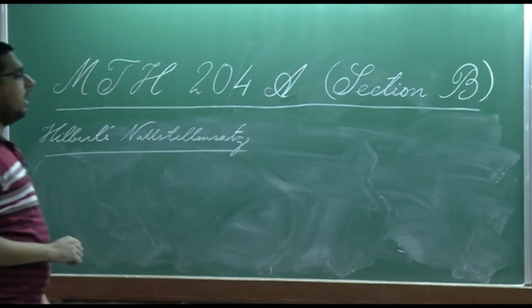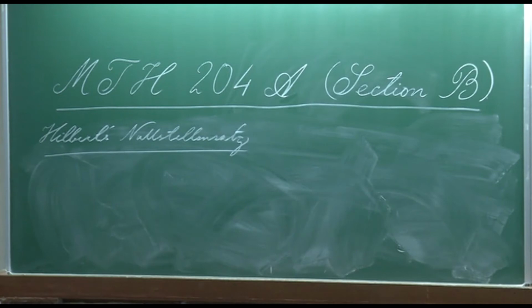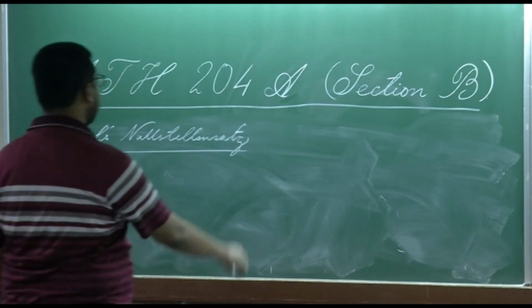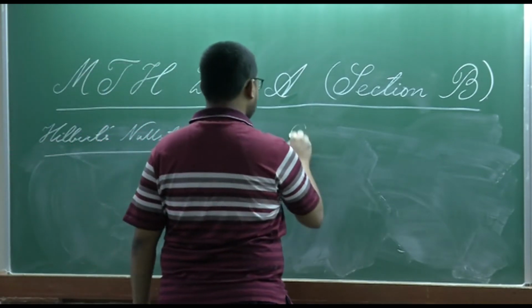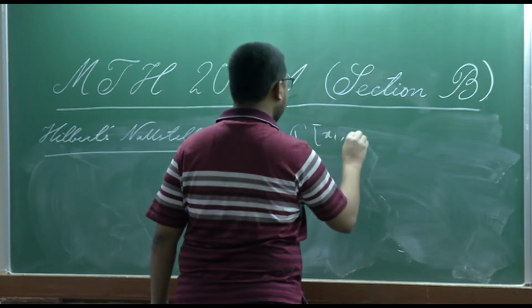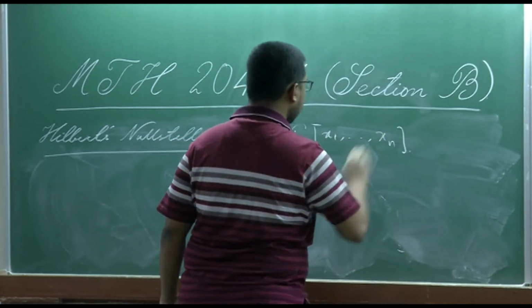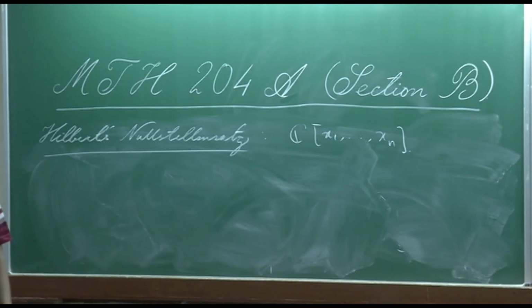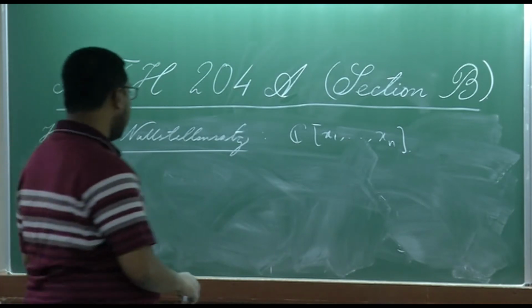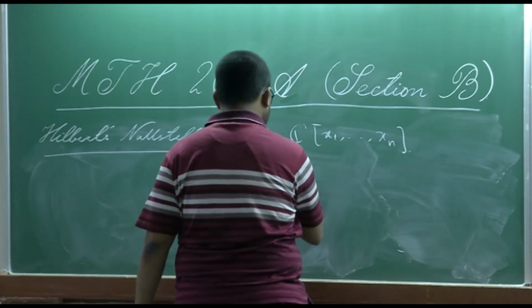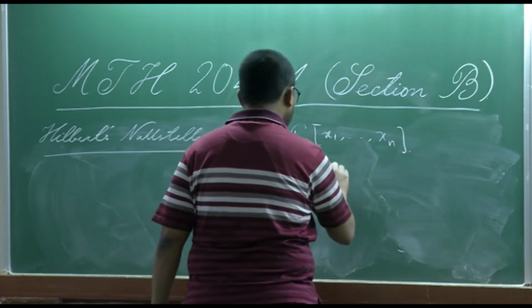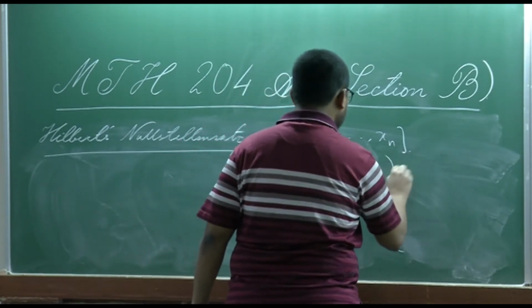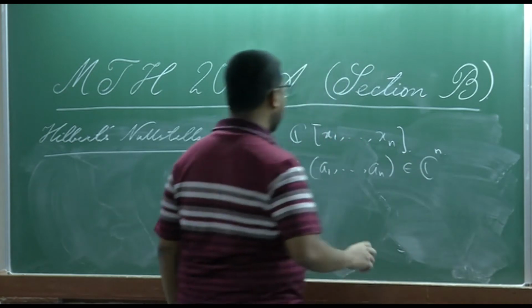So as I said, it is the generalization of the phenomenon that you have seen earlier. We start with a polynomial ring in n variables over C, and let (a1, ..., an) be in C^n.